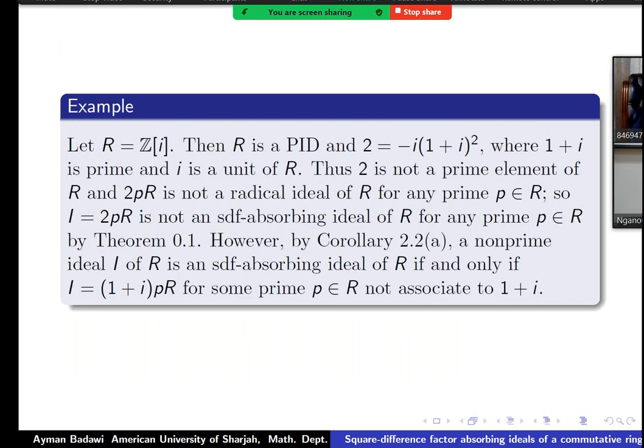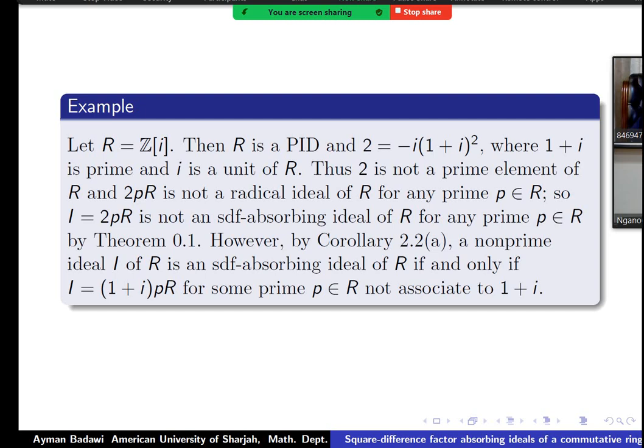We know that R is a principal ideal domain. The number 2 is not prime in this ring. These are the prime factors: (i+1) times (i+1), and you multiply it with minus i. Of course, i and minus i are units in this ring, Z[i].